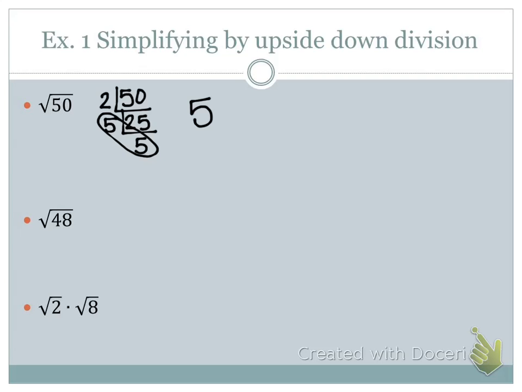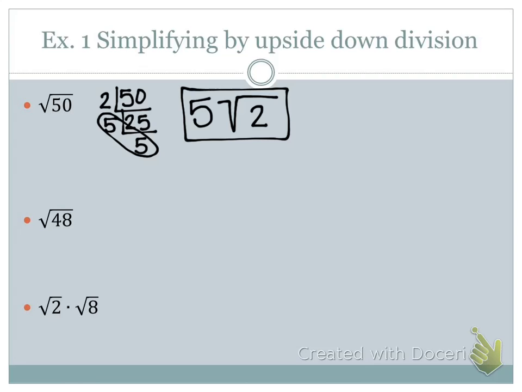A 2. That goes back underneath the radical because it is all alone and does not have a pair. So my final answer would be 5 times the square root of 2. Just remember, when you have a pair, it only represents one number, not 2. Don't pull out 5 times 5 is 25 or 5 times 2 is 10. You just pull out one number.